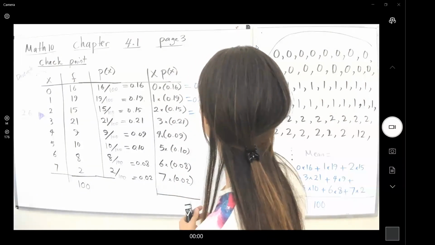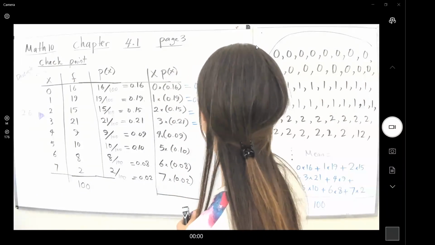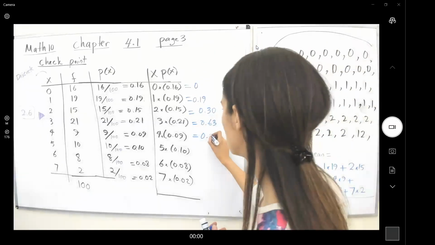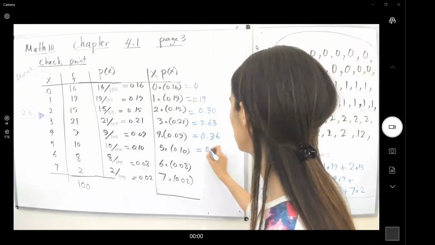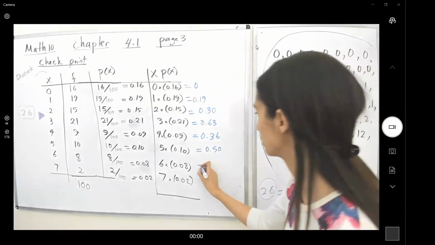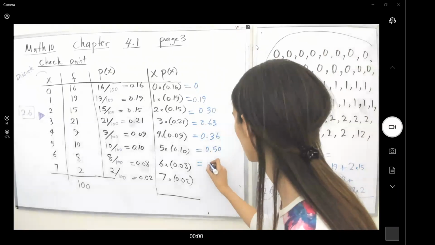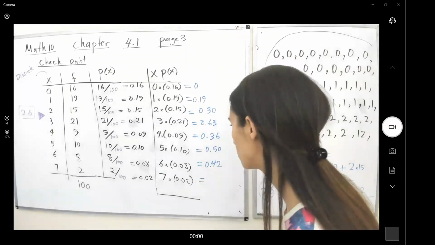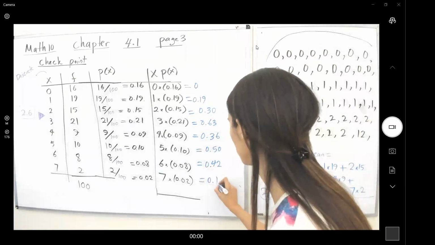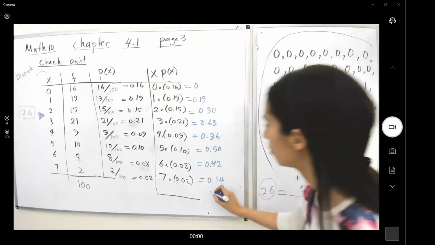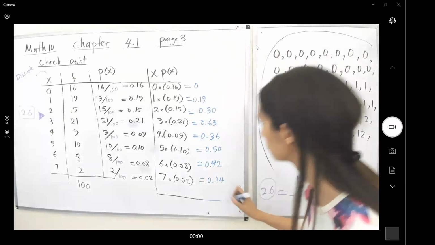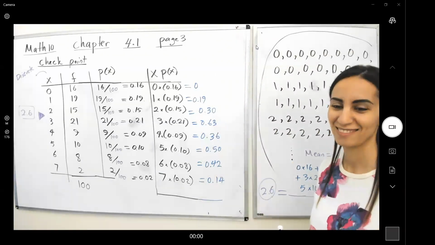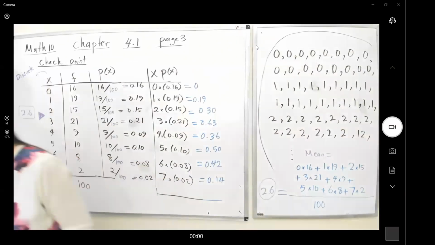This one is 30%, this one is 63%, this one is 36%, this one is 50%, this one is 42%, and this one is 0.14%. What's the sum of these numbers? If you add all of these numbers, what do you get?